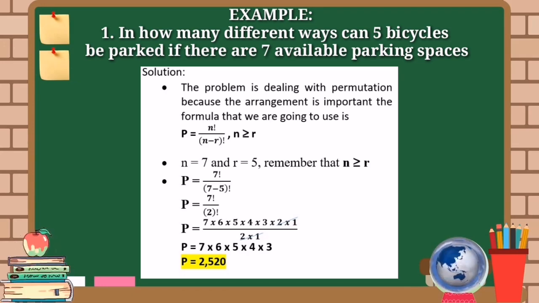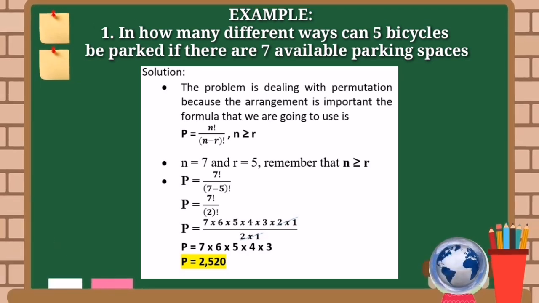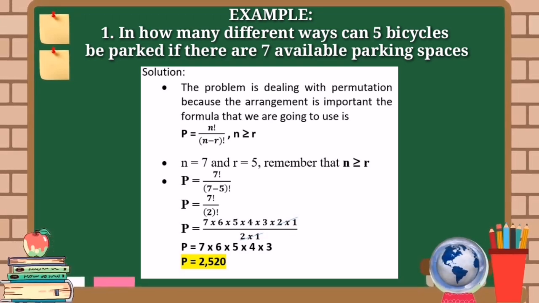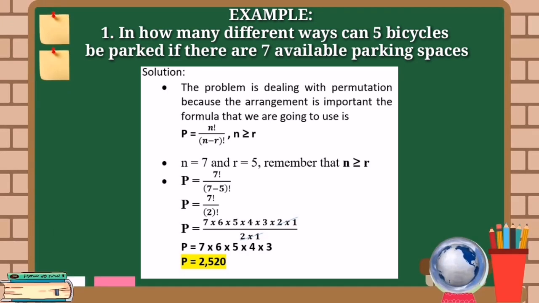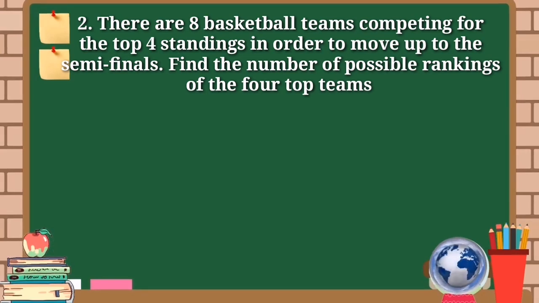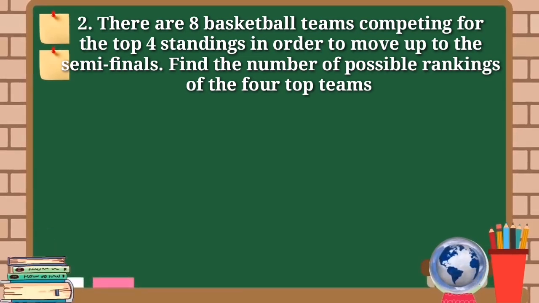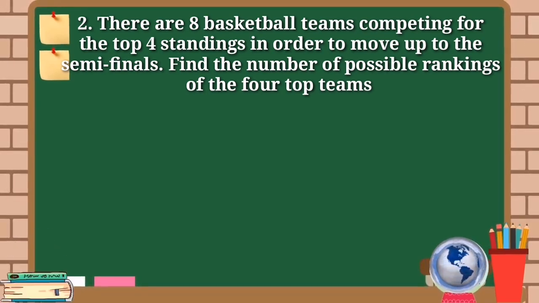And 2 factorial is equal to 2 times 1. So we can cancel 2 factorial. So we have 7 times 6 times 5 times 4 times 3. So the answer is 2,520 ways.